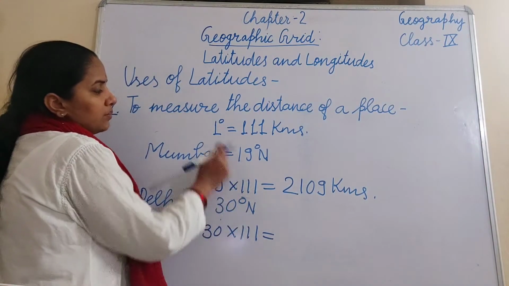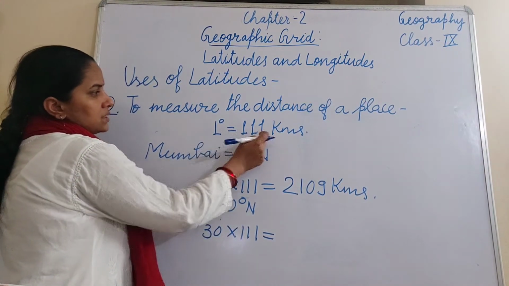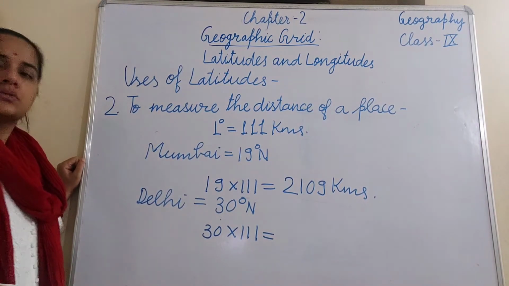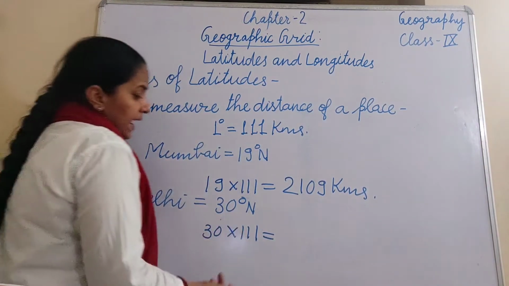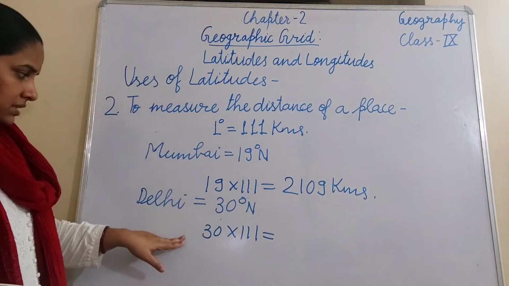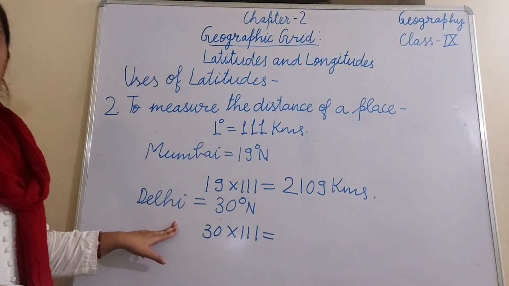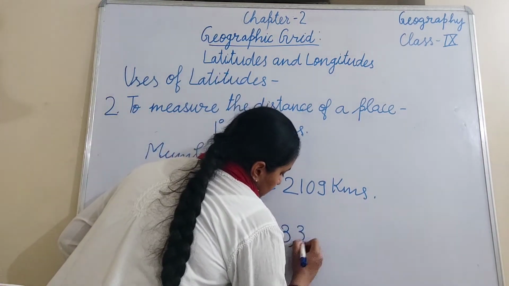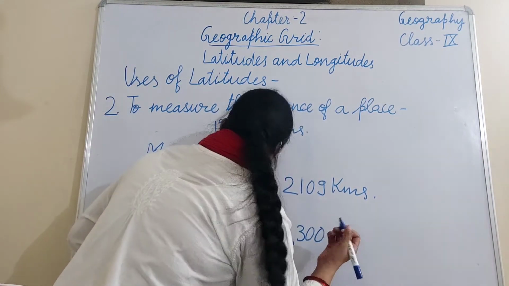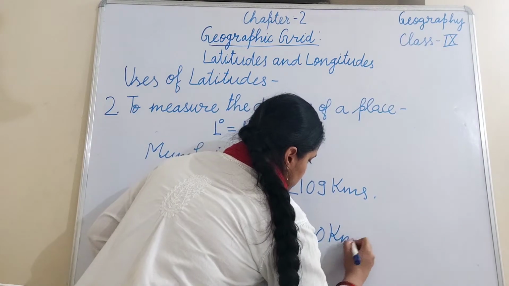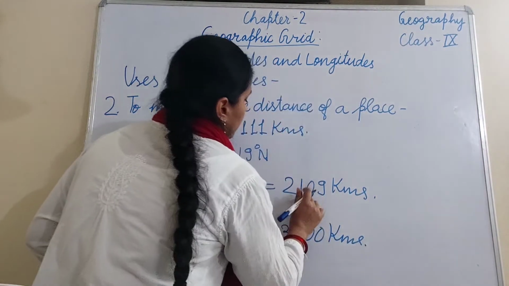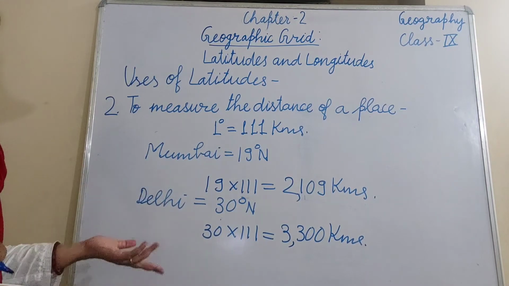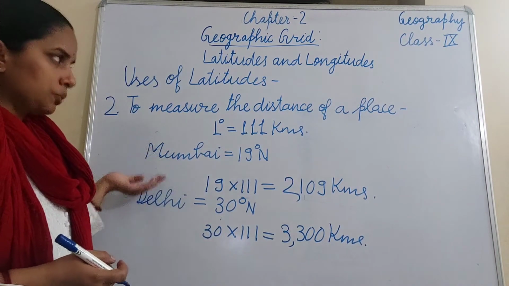Why 111? Because 1 degree angular distance equals 111 kilometers. By the simple unitary method, the distance between the equator and New Delhi is 3,300 kilometers. It is 3,300 kilometers away from the equator.